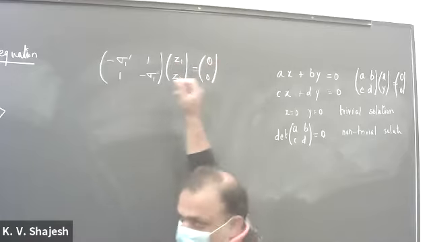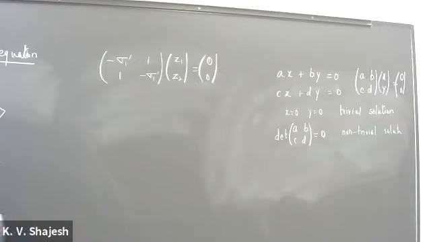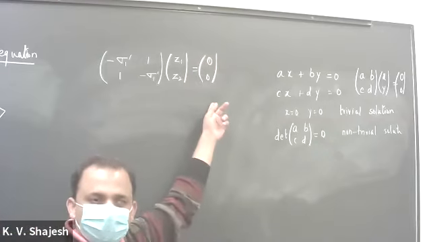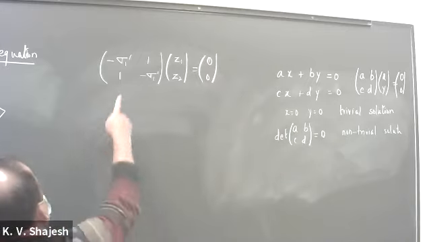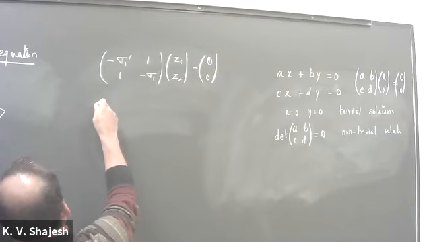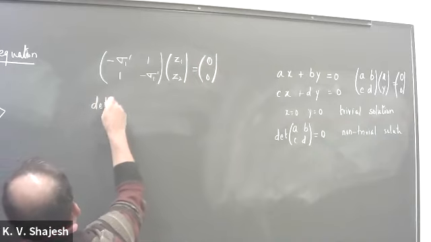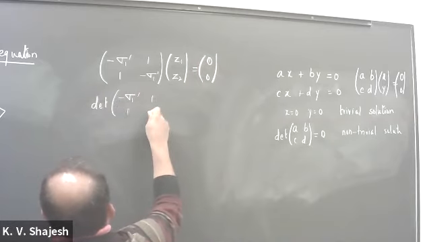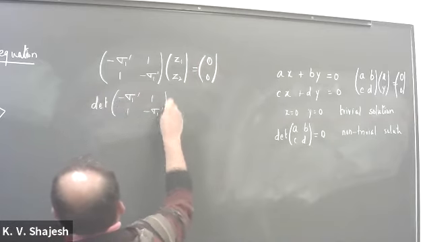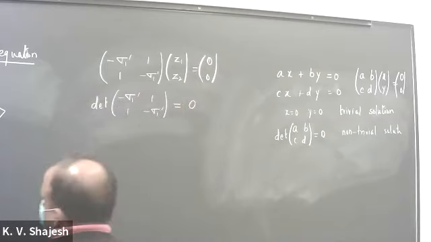That's our eigenvalue equation. What is the solution for this? Of course, z1 equal to 0 is the solution. That's too trivial, and there is nothing interesting there. So the non-trivial solution is when the determinant of minus sigma 1 prime, 1, 1, minus sigma 1 prime is equal to 0.